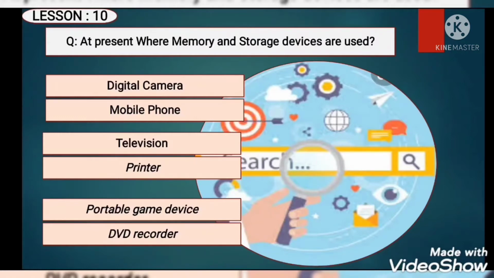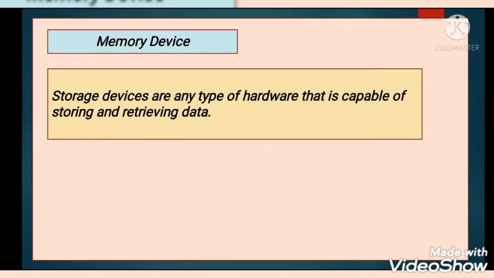Number 1, digital camera, mobile phone, television, printer, portable game device and DVD recorder. All these devices are very popular nowadays, and we are storing data and information in our digital camera and in our mobile phone. Also television, now you can use a memory card, isn't it? And technology made our life easier, you know.